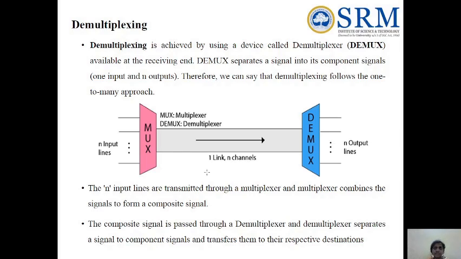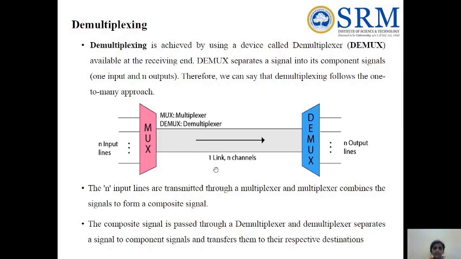This device will be available at the receiving end. It separates a single signal into its component signals, meaning you have n different output signals. So in a demultiplexer, you have one input signal and n output signals. Therefore, demultiplexing is a one-to-many approach, whereas multiplexing is a many-to-one approach.